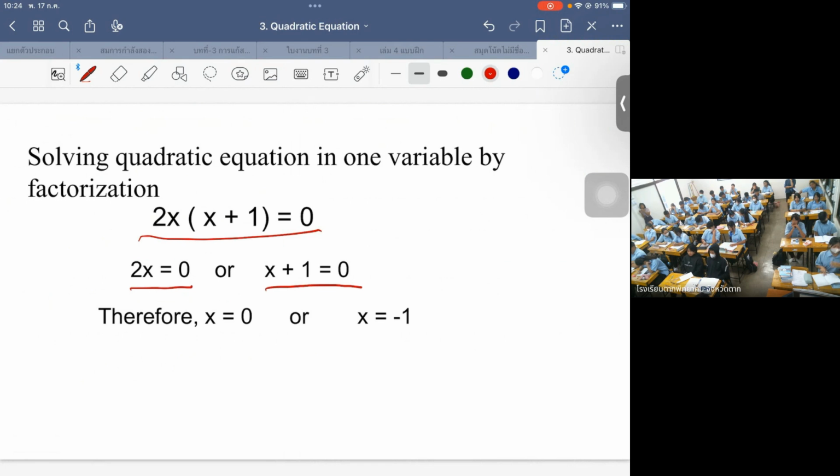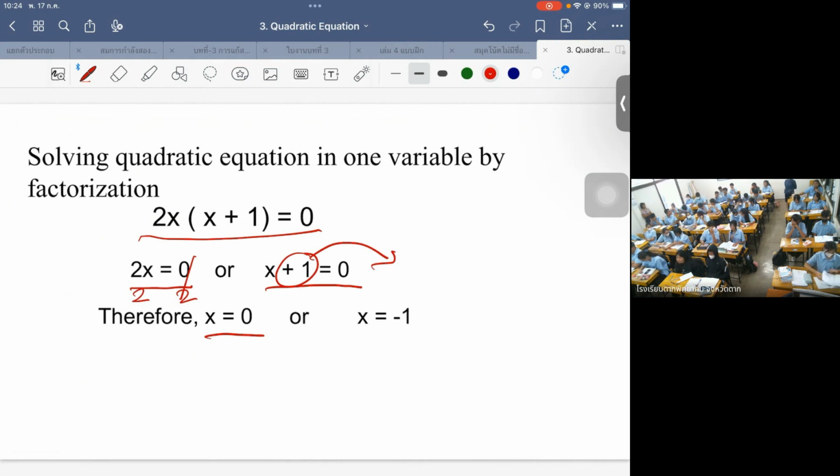And then, process again the transposition. So this will become a negative 1. And for this one, divide both sides by 2, but we have 0 over 2. So that's why automatically the answer is x is equal to 0. Okay? Understood? Alright?